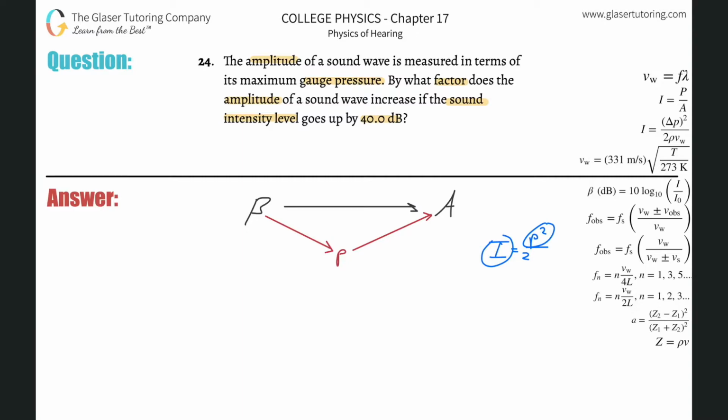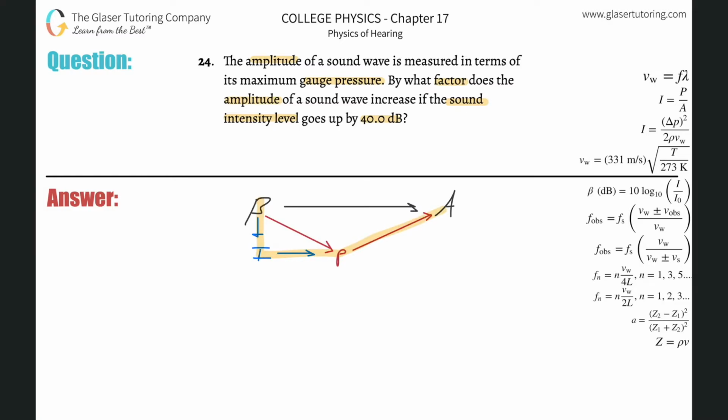And then I make the connection: intensity is related to the sound level via that log formula. That's the key. So beta is related to intensity, intensity is related to pressure, and finally the pressure is related to the amplitude. So the relationship's going to look like this.